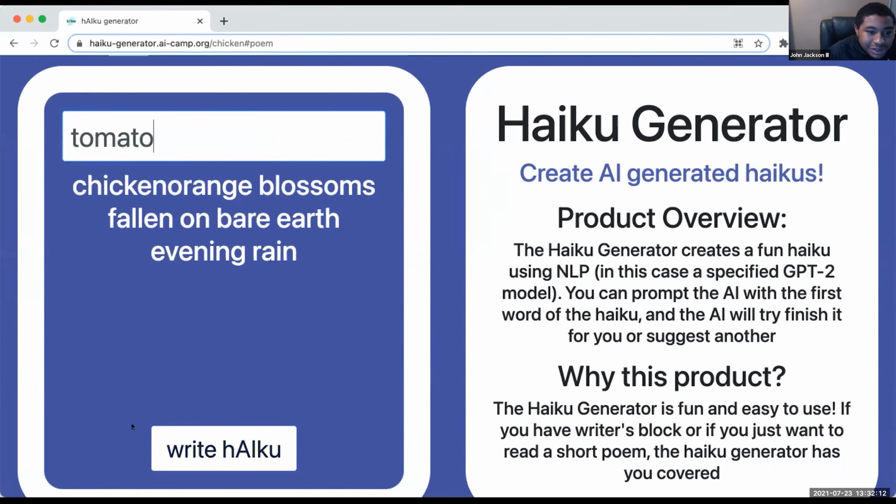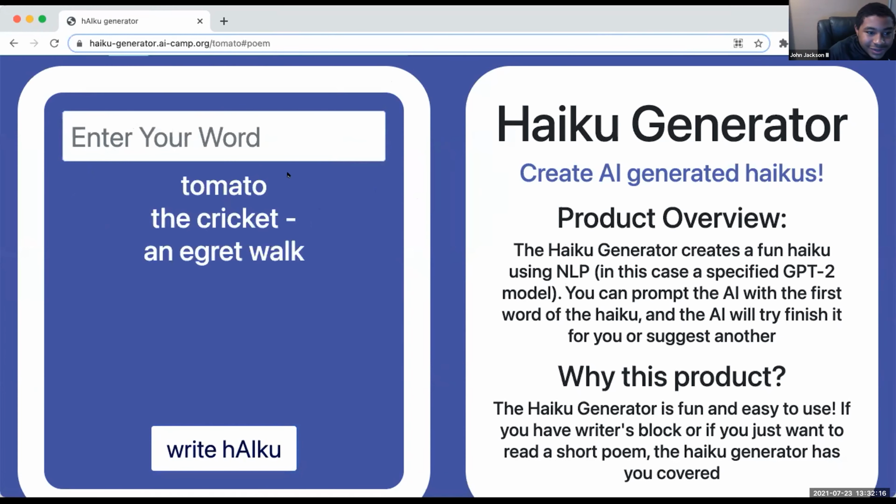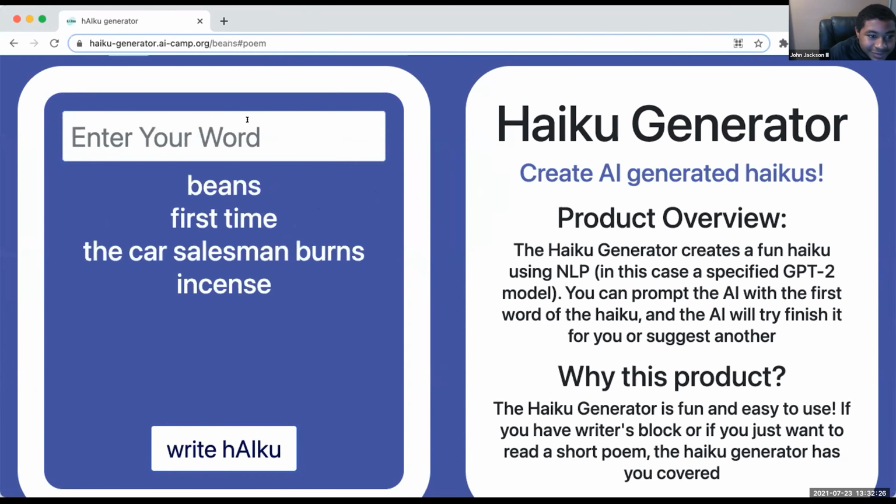Chicken orange blossoms fallen on bare earth, evening rain. Tomato, the cricket, an egret walk. Beans, first time, the car salesman burns incense.